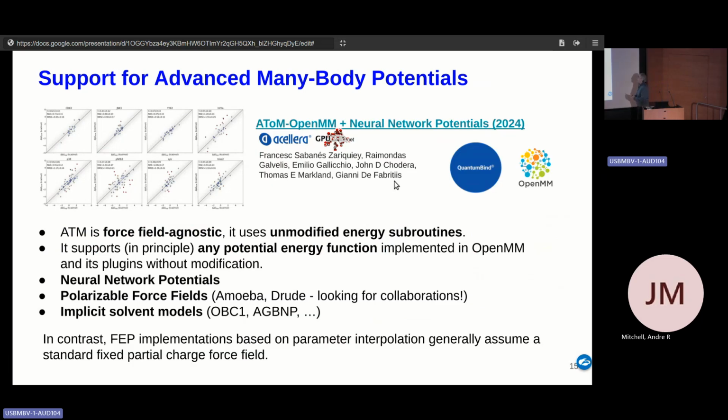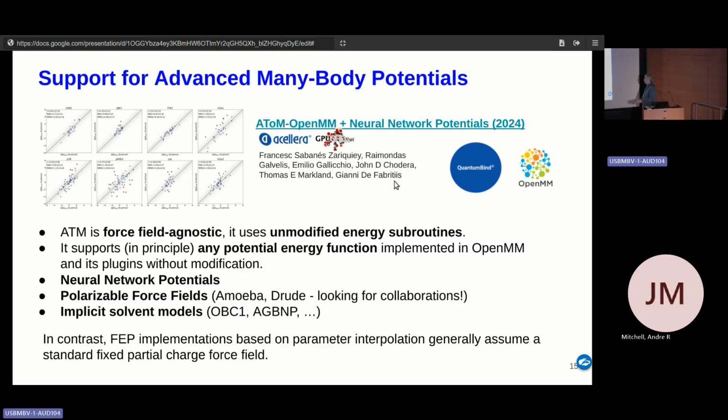So I mentioned that one thing that I think is going to really take off is the fact that ATM supports advanced force fields, many-body force fields, in which parameter interpolation and alchemical procedures are not so easy to do. This is, for example, an effort by Acellera to do relative binding free energy calculations with neural network potentials.